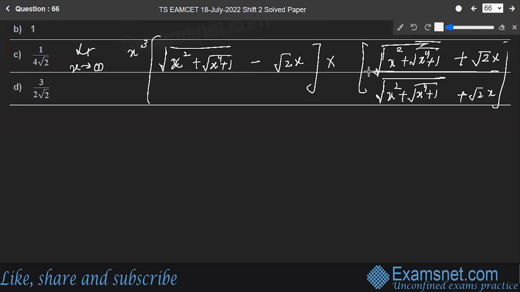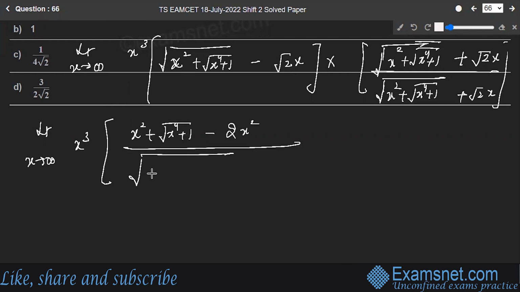This is something like (a plus b) into (a minus b). So you will have the limit as x approaches infinity of x cubed, now (a plus b) into (a minus b) is a squared minus b squared. So this will give you x squared plus root of (x raised to power 4 plus 1) minus 2x squared upon root of (x squared plus root of (x raised to power 4 plus 1)) plus root 2x.